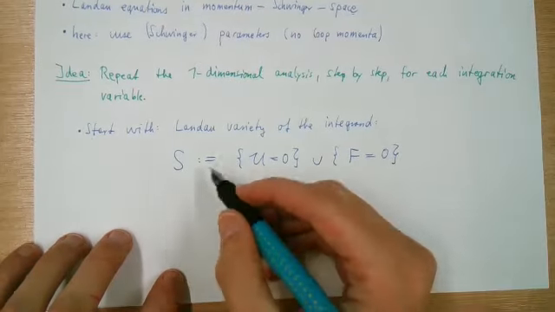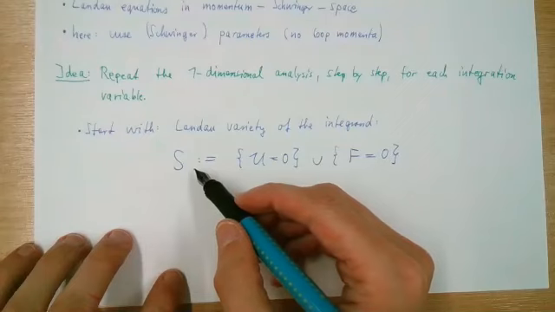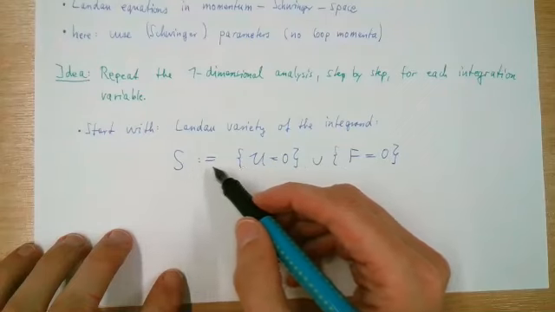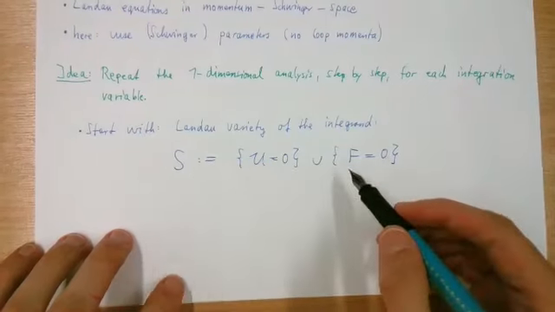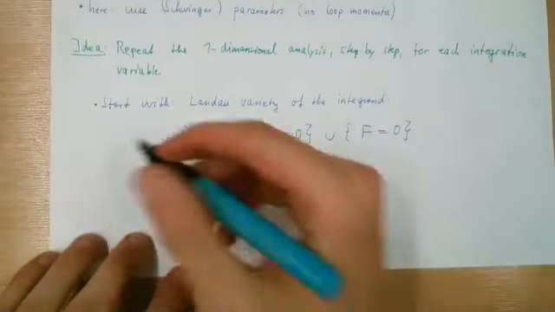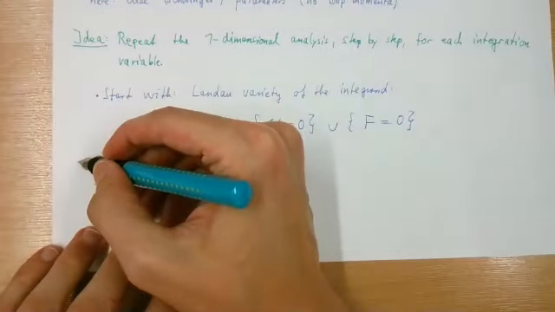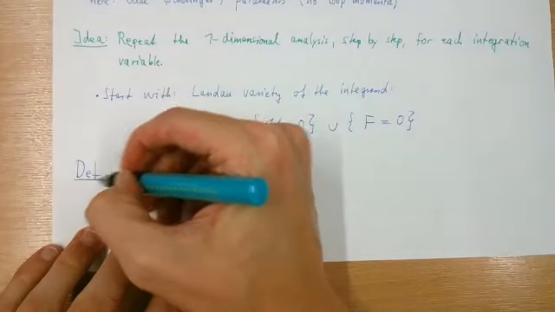And now we want to integrate, or at least think about the singularities after integrating one variable at a time. So how do we do this? So definition.